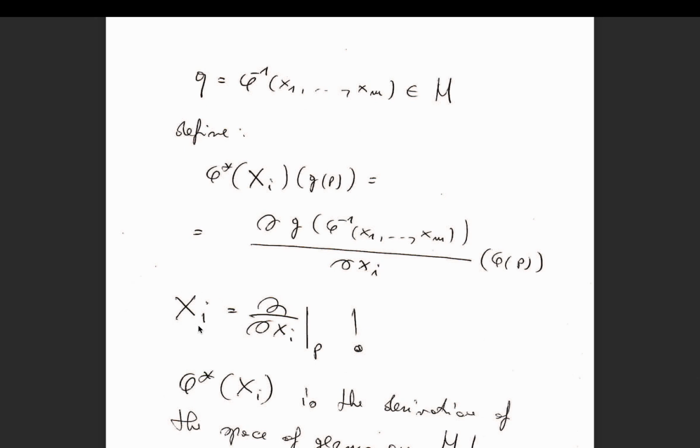We can construct the vector phi star of the partial derivative with respect to x_i, the pushforward of the partial derivative, applied to a function f at a point q. For example, let U be a neighborhood of P, and let q be a point of U, with q equal to phi to the minus 1 of (x1, ..., xm) for some x.